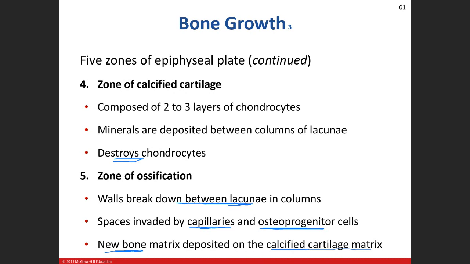It was actually really fascinating. Now there's better technology than that, but it was relatively inert, so it wouldn't react with the immune cells so much. And it acted as a scaffolding, much like that calcified cartilage matrix does for the osteoprogenitor cells.